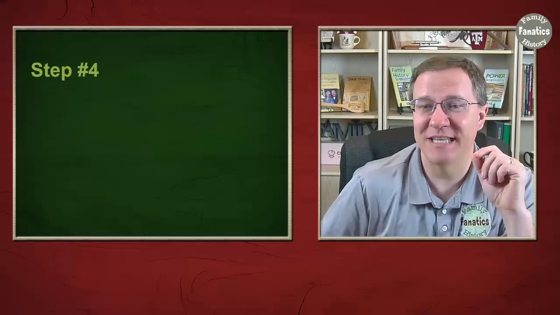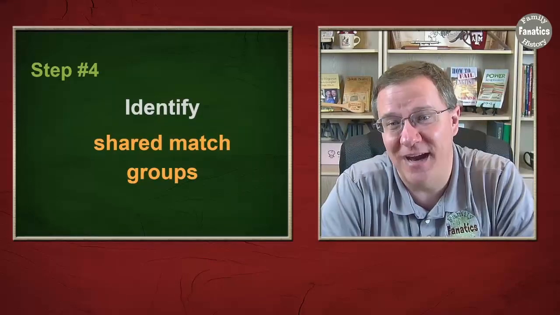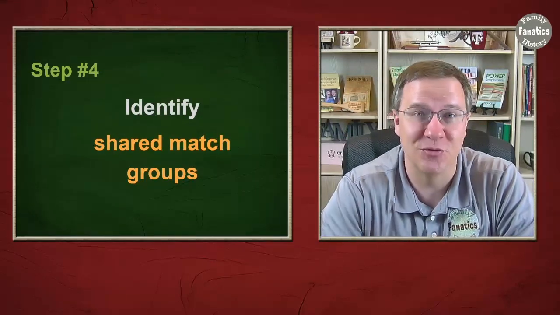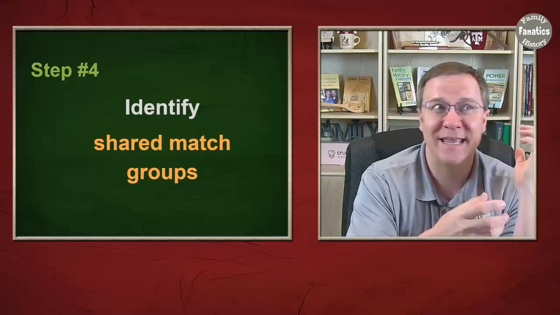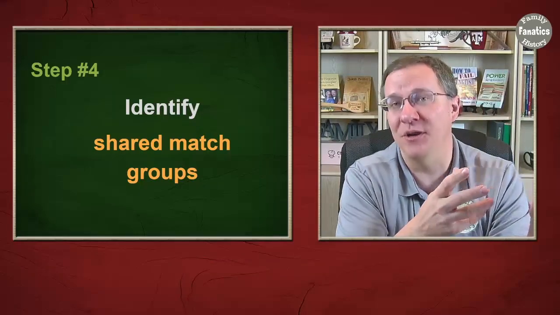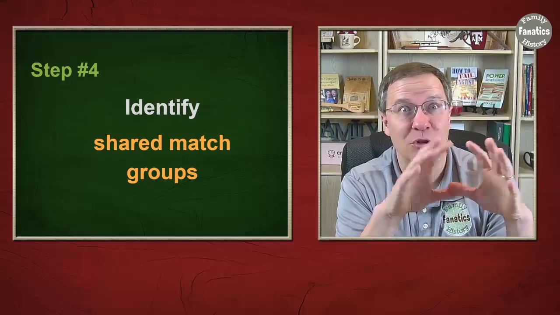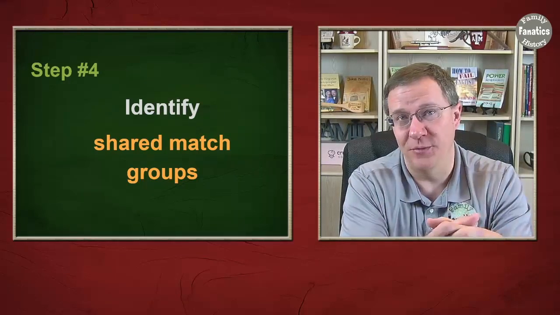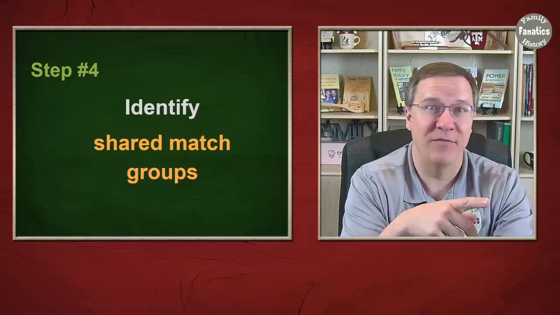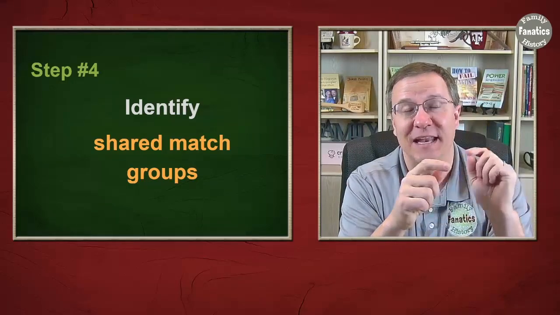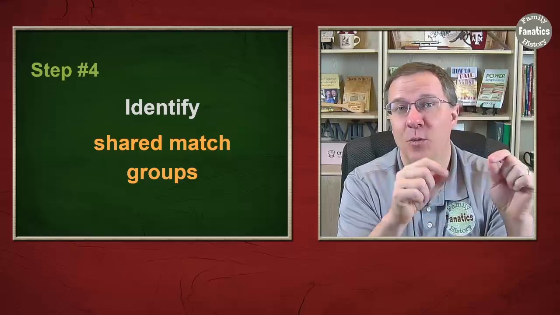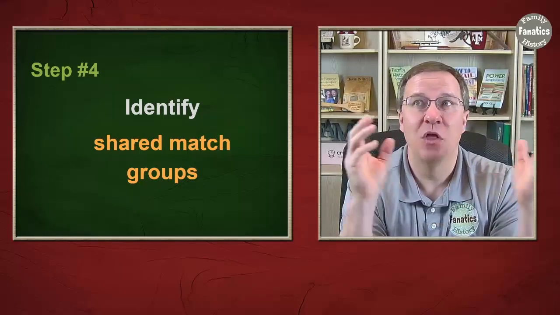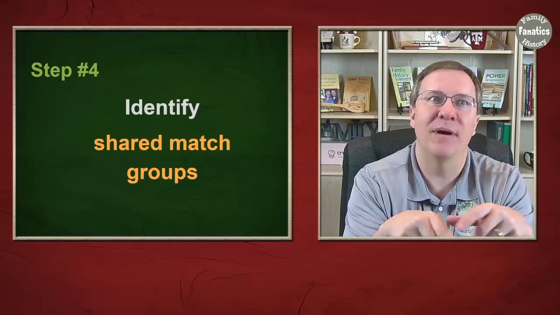That brings us on to step 4, which is to identify our shared match groups. What we're going to do is take these matches of people that we already know, how they're related, and look at the shared match list to see what groups we can start to put people into. For instance, if I have a cousin on my match list that is from my dad's side, when I look at the shared matches, they probably are all on my dad's side.